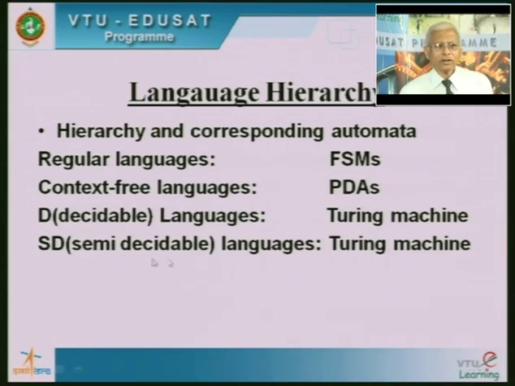Out of this, these two are of interest only for philosophical reasons, because we want to understand the Turing machine, which, as I have told you, is equivalent to a digital computer, but is a very simple machine. If there is a problem which a Turing machine cannot solve, then no matter whether you have a supercomputer or grid computers, that also will not be able to solve it.